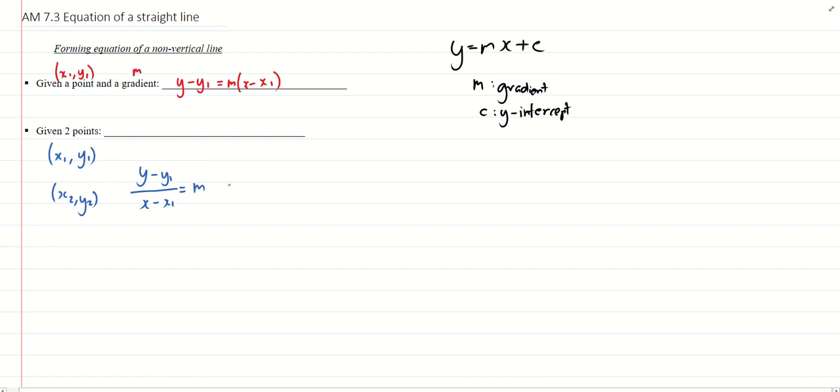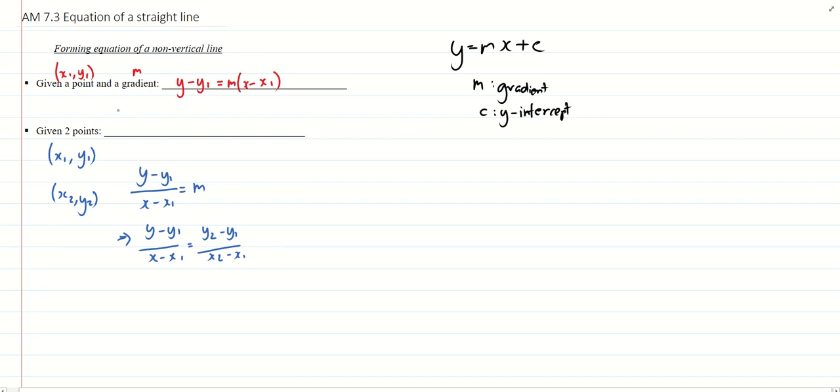So if I use the formula for gradient, which is y2 minus y1 over x2 minus x1, then I can form my equation: y minus y1 over x minus x1 equals y2 minus y1 over x2 minus x1. So that is what it means to form the equation given 2 points.